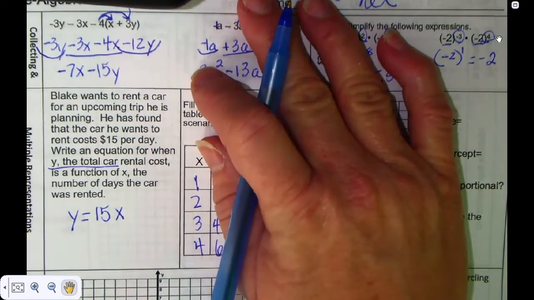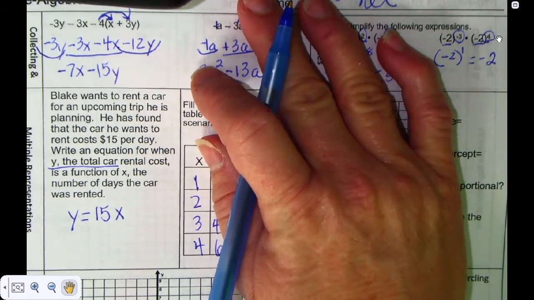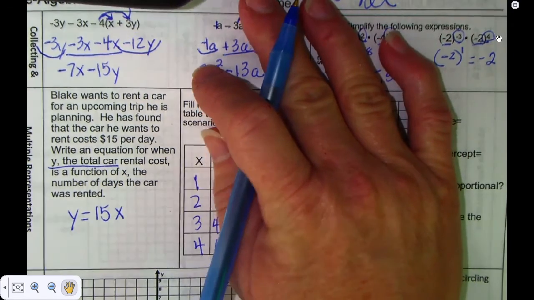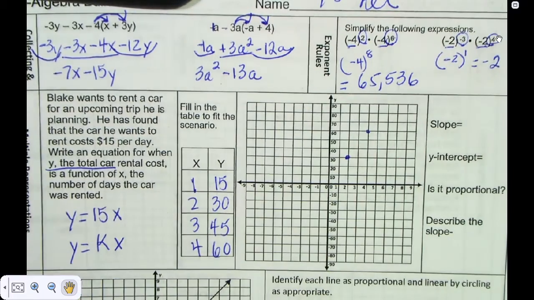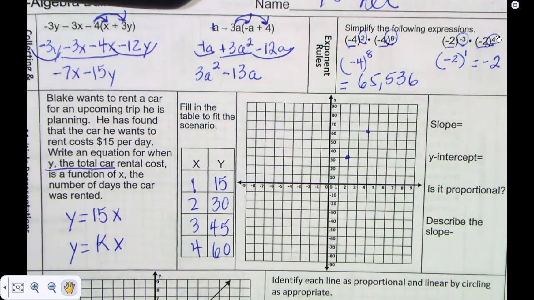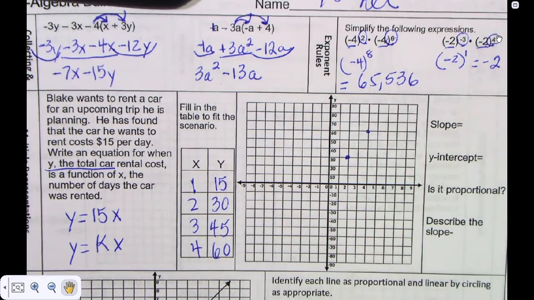Thank you, Dylan. I've told you that about 3 days. I need to hear it is in the form y equals kx. That's what I want to hear. It's in the form y equals kx. Say it. In the form y equals kx.